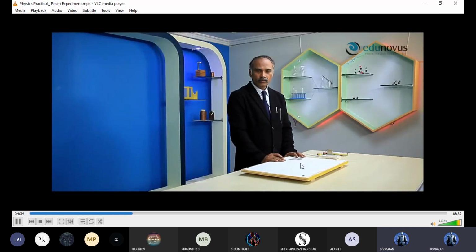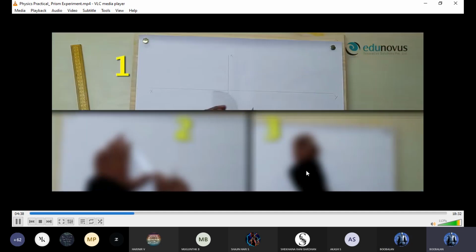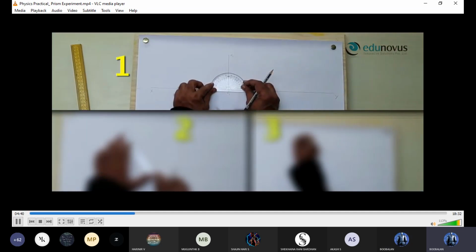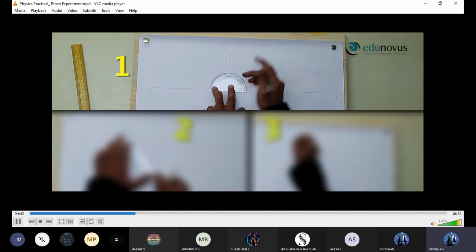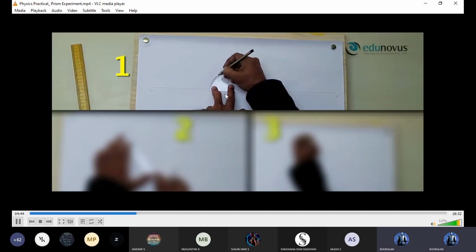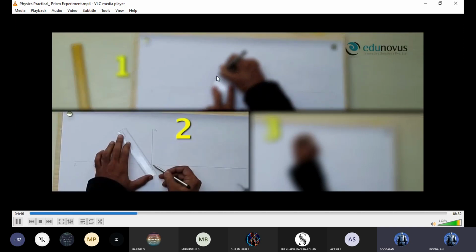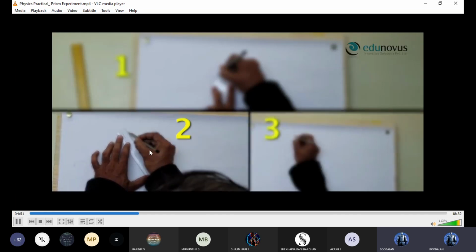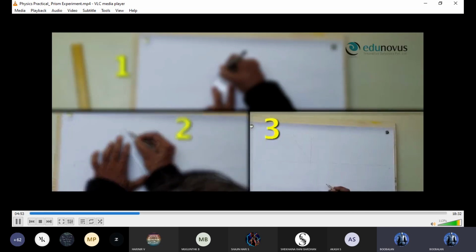So the normal and the reference line make an angle of 90 degrees. Now I will mark one particular point. Okay, so it is around 30 degrees.